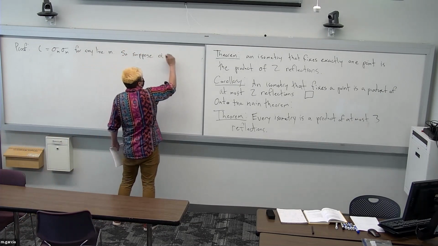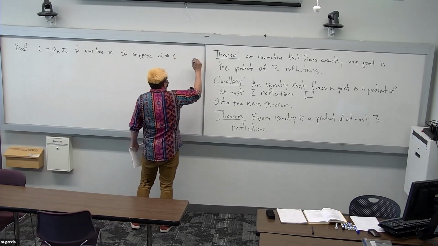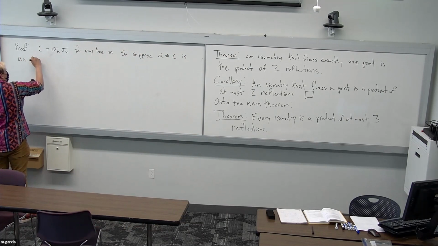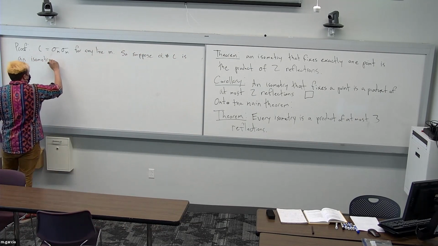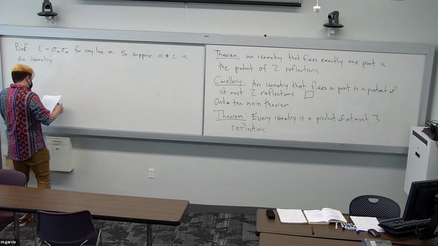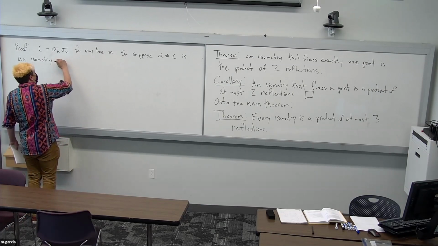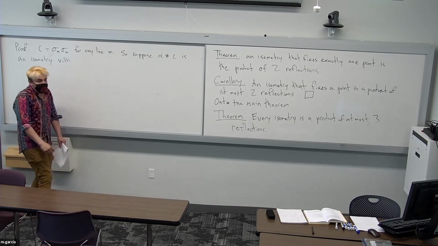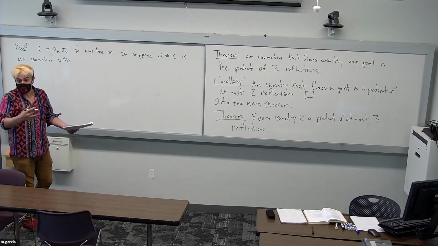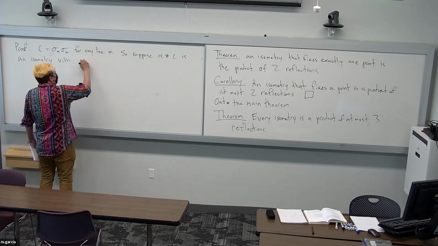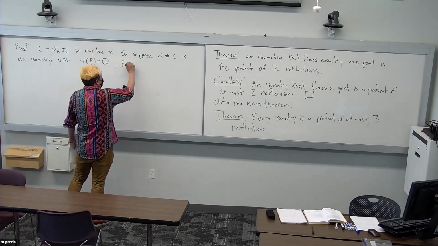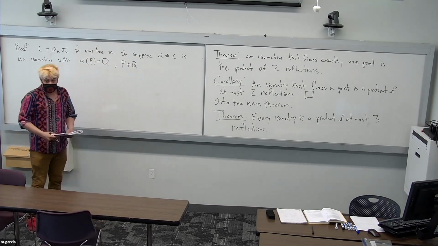Okay, so suppose alpha not equal to iota is an isometry. Well, since it's not iota, we know that it does not fix at least one point. There's a point which is not fixed by alpha. So we'll say alpha of p equals q, p not equal to q, some points.